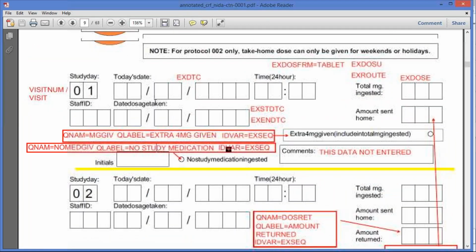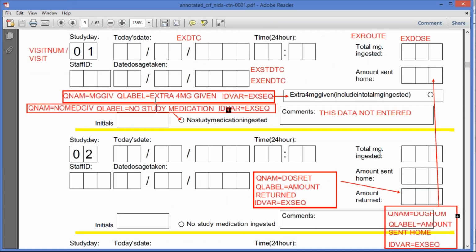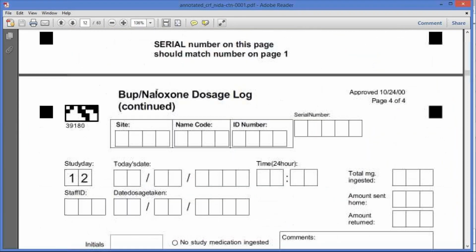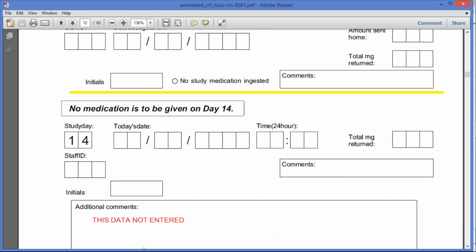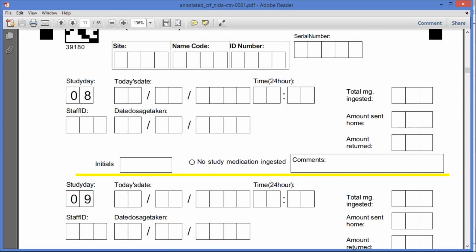Like this particular study is done for 14 days. Day one, the same data will be collected for 14 days. But on the 14th day, no drug was given. No medication is to be given on the 14th day. Clear? So this is study medication details.